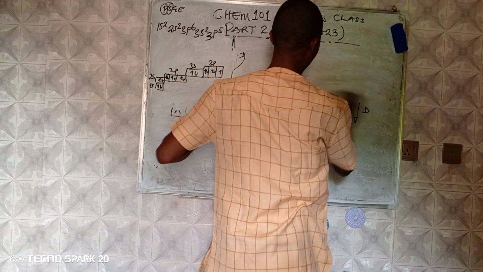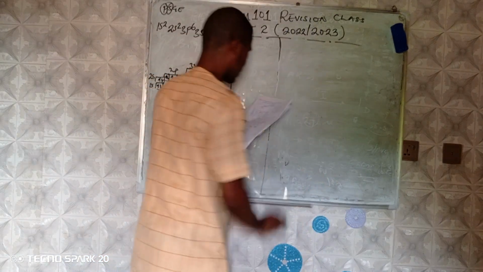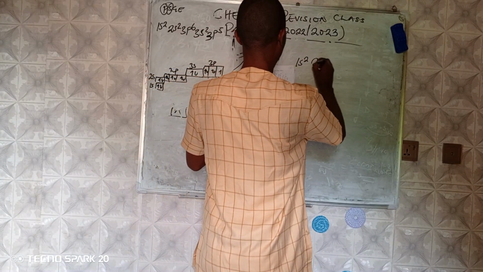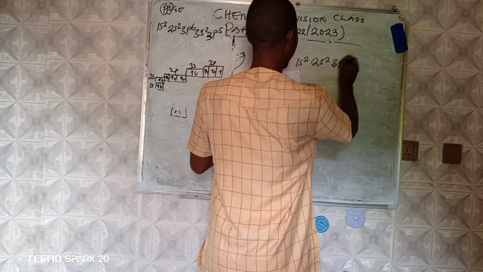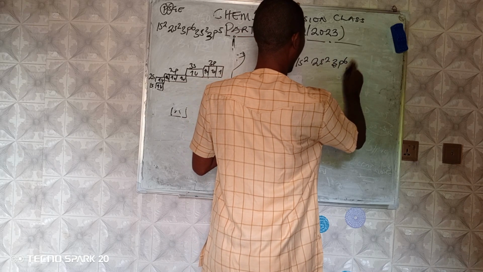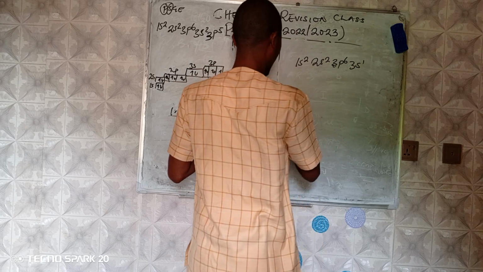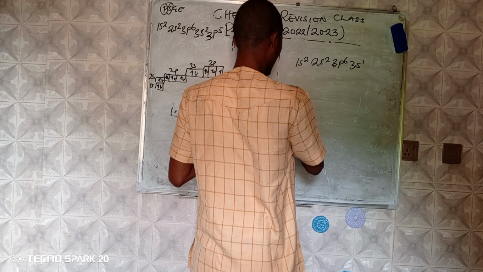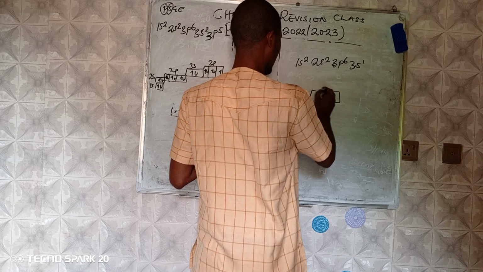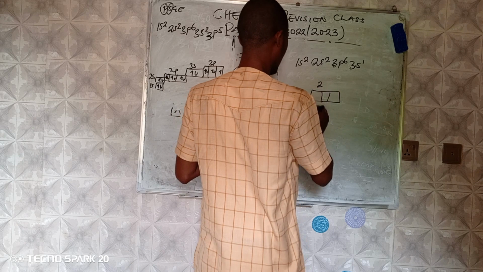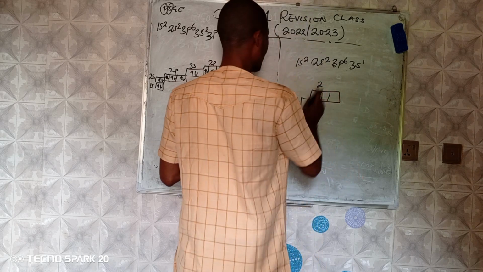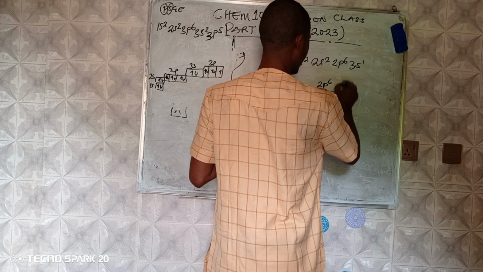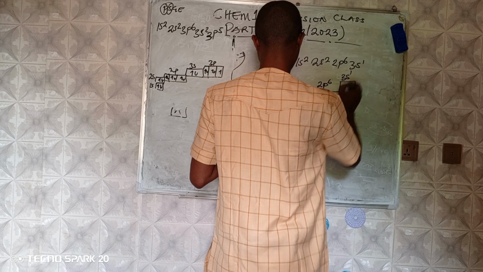So to check the unpaired electrons, we write the configuration: 1s2, 2s2, 2p6, and 3s1.